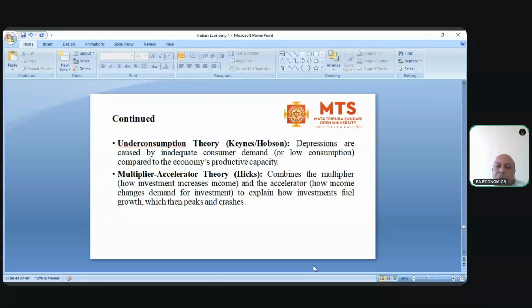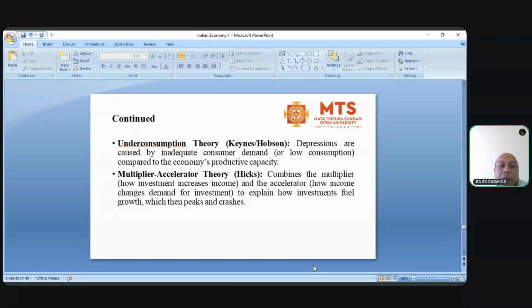In this case, whatever goods are produced by the producer, demand will be less, and the producer will face loss. Then producers will produce less in future, demand will decline, the economy will go downward, and the business environment will not be good in future due to lack of demand for products.